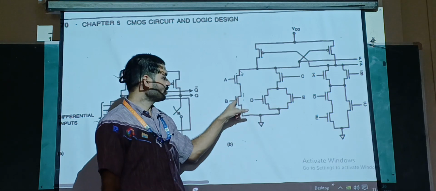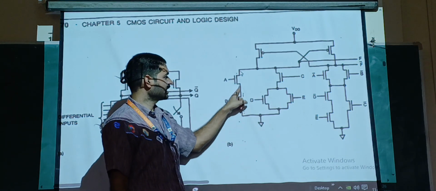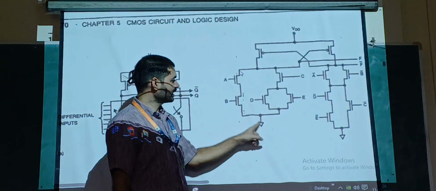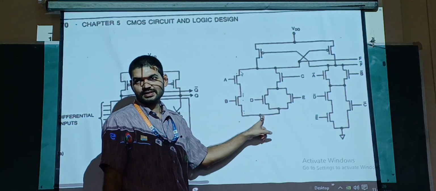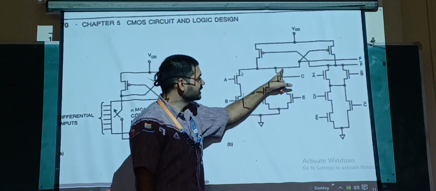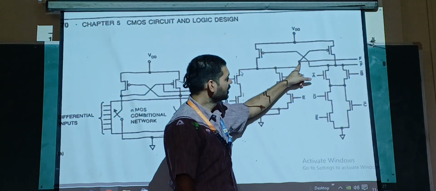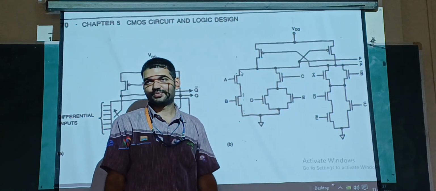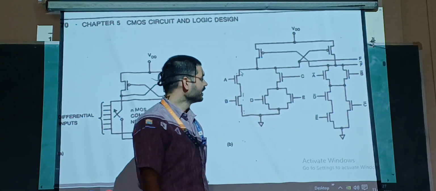So when both are on, 0 is connected to this point. This point is 0, connected to this. So this 0 is connected here, which is connected here, and what is here? F is 0.